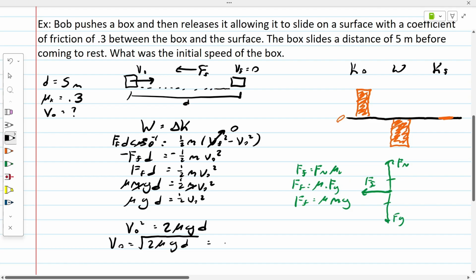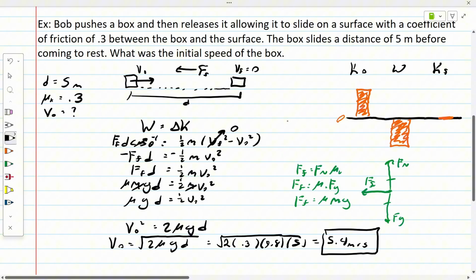And so now we have all these variables, so we can go ahead and plug these in. Okay, so if we plug these in, we get a velocity initial of 5.4 meters per second, and that'll be our final answer. So that's how we can relate the kinetic energy to the work to solve for some variable component.